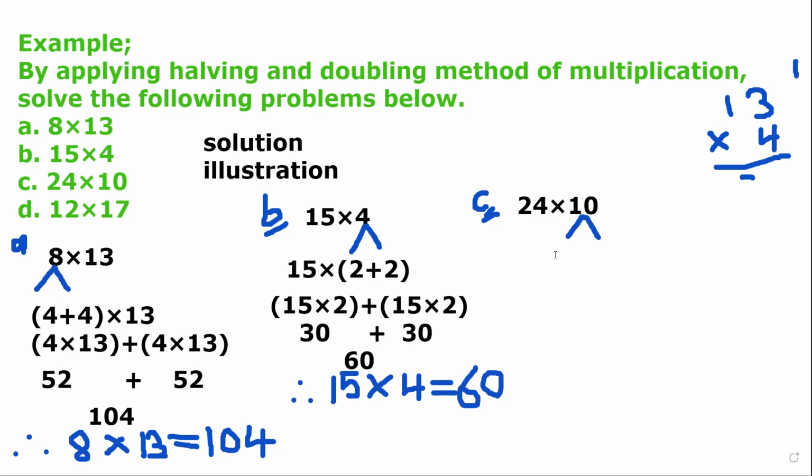So let me write the half of 10. Now we have this one here, which will be used to multiply the half of the 10. And the half of 10 is 5 plus 5. That's each half.